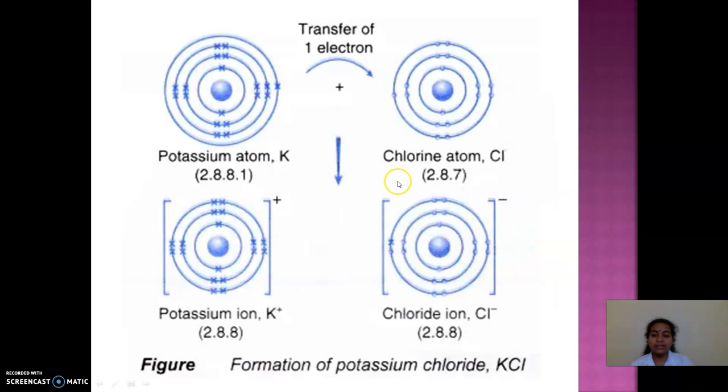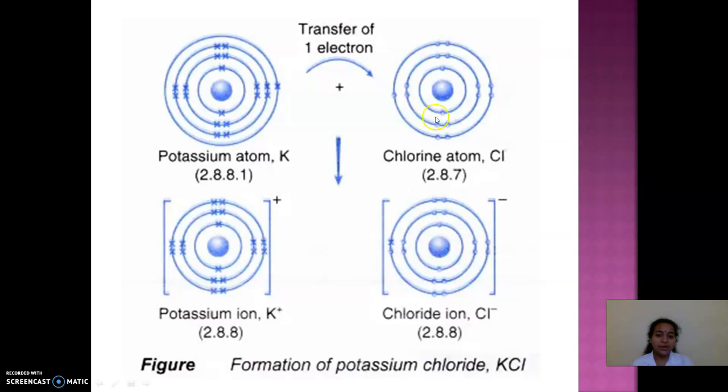So in order to attain stability, what will they do? If potassium donates 1 electron to chlorine, it will become 2, 8, 8. That is our noble gas configuration, that is argon's configuration. So Lewis and Kossel explained this theory. It will attain the noble gas configuration, so it becomes stable.